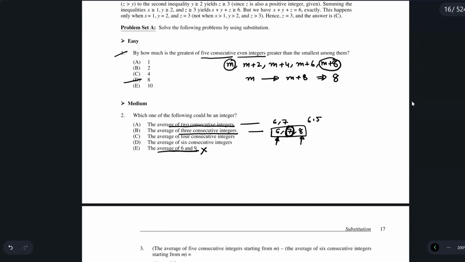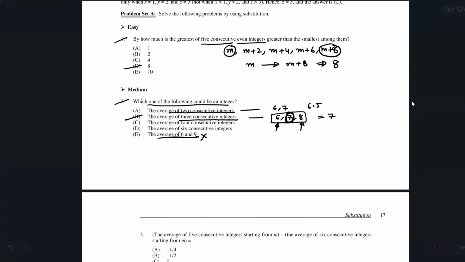So this will cancel out and the average will equal 7. Whenever you take three consecutive integers, the average should always be the middle number. And since they are all integers, the middle number should be an integer. As a result, it will satisfy our question, and the answer here should be twice B.